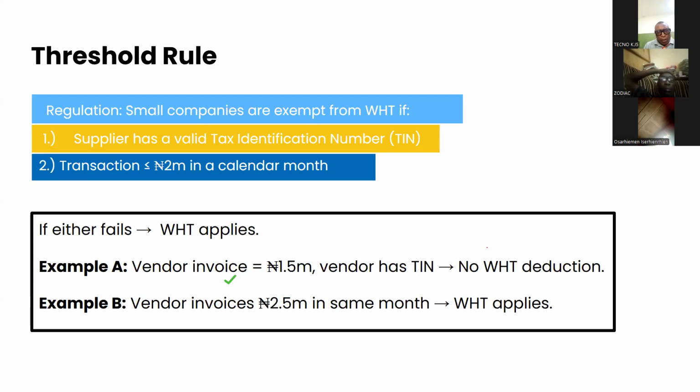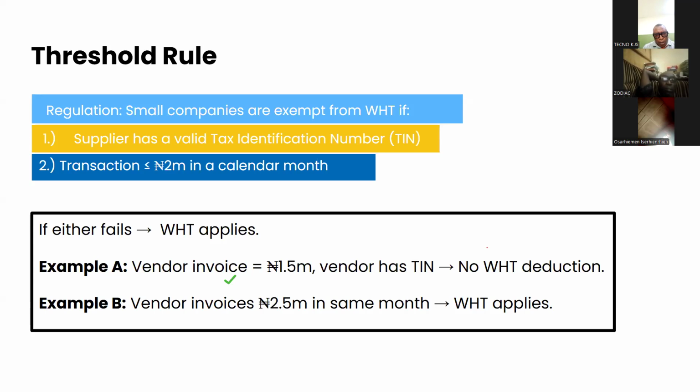Once it's not up to 2 million, I can't withhold from any of the transactions? Yes, once all 5 invoices together are not up to 2 million within a calendar month, let's say within 30 days. Okay, thank you.